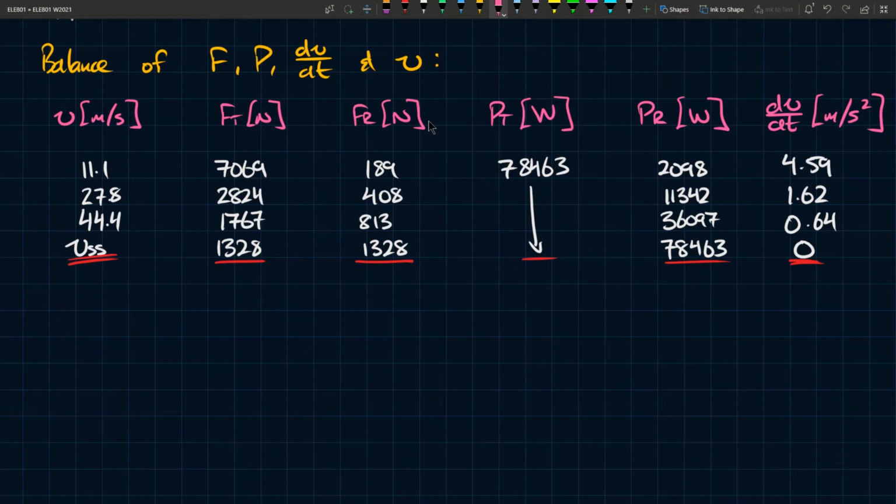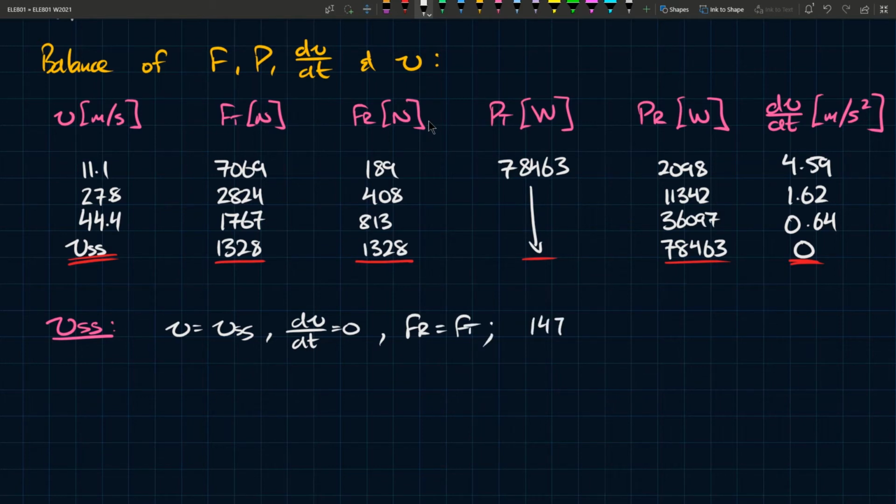Let's look at steady state speeds. Let's say VSS. How do we calculate that? It's a straightforward calculation. So we say V equals VSS, dV/dt equals 0, steady state, no acceleration, meaning the resistive force equals the tractive force. And you can use the expression that we had up above for the resistive force.